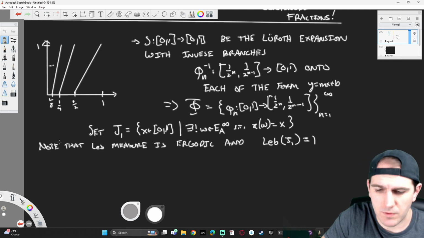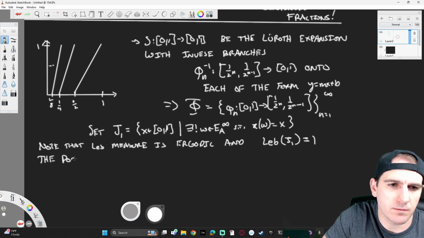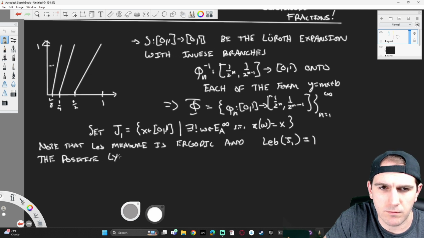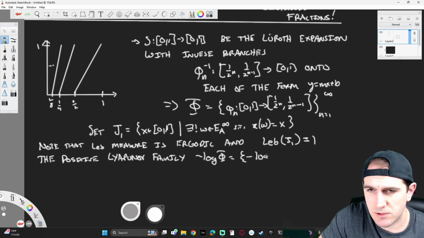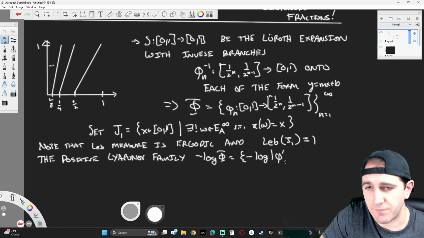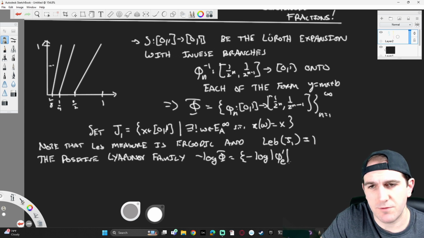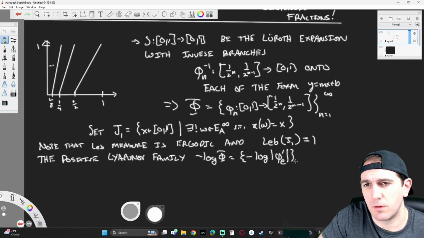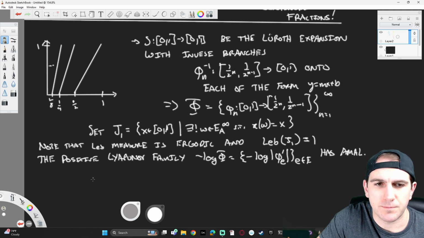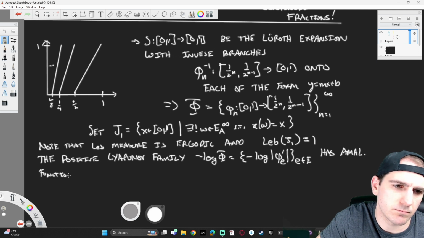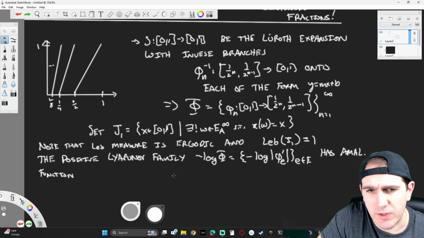And the positive Lyapunov family, minus log phi, which is equal to this collection of potentials, log of the absolute value of the first derivative of the eth function in the conformal graph-directed Markov system, has an amalgamated function, which just by definition will be, and we have special notation for this one.